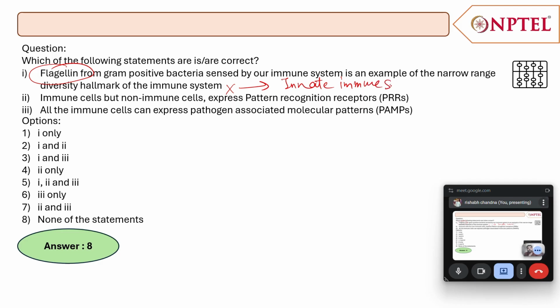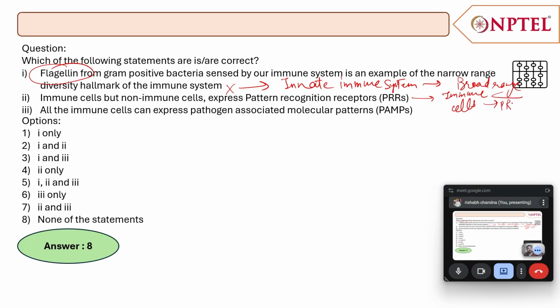So it is an example of broad range. Okay, immune cells but non-immune cells express pattern recognition receptors. Okay, so only immune cells express PRRs.